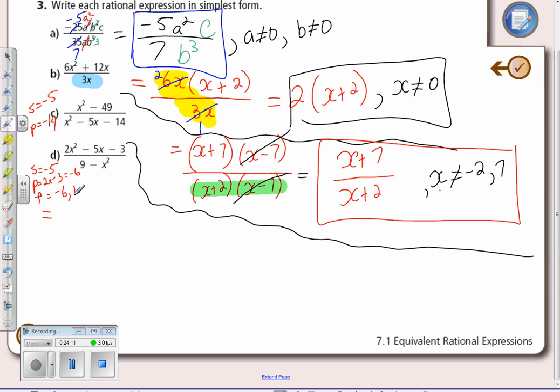So do our factoring part. That gives us x minus 6, x plus 1. Divide each of them by the leading coefficient. Gives us x minus 3 and 2x plus 1. Let's bring that back into the question now.